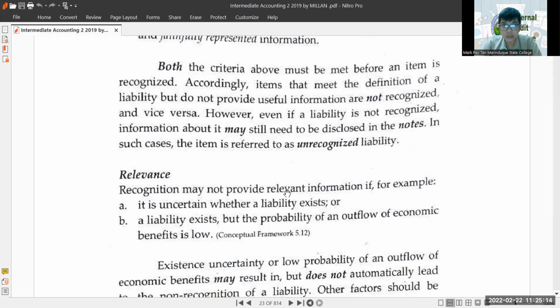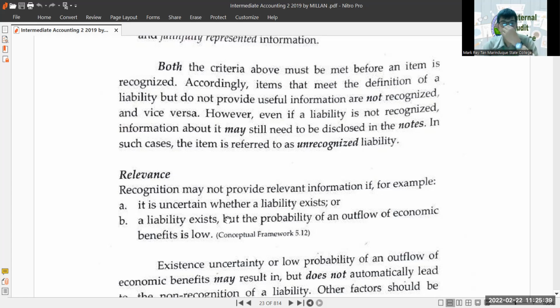Ayan, so hina-highlight dito yung relevance. So, sa relevance, recognition may not provide relevant information if, ito daw, it is uncertain whether the liability exists, or nag-exist ng liability pero yung probability of an outflow of economic benefits is low.